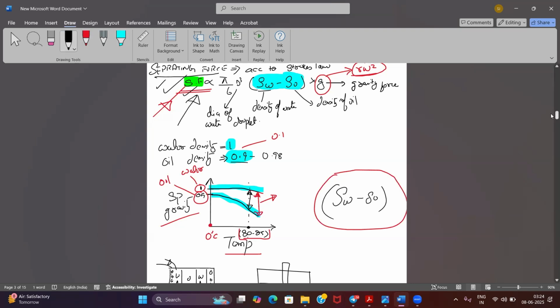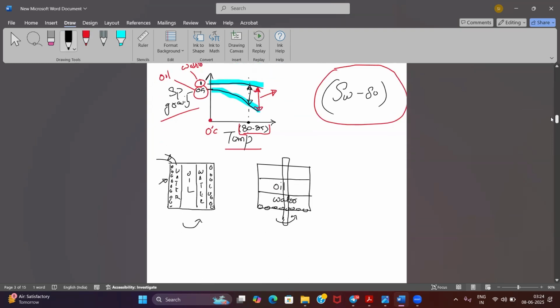Now, if I take an example, one more thing, suppose I have a container in which I have kept some oil, and in that oil, some water is present. After a few hours or so, oil will accumulate on the top, water will accumulate at the bottom, and at the extreme bottom, you will have some particles of sludge.